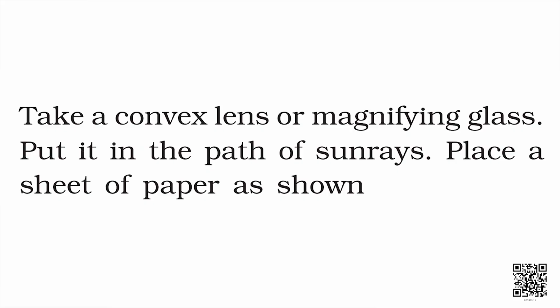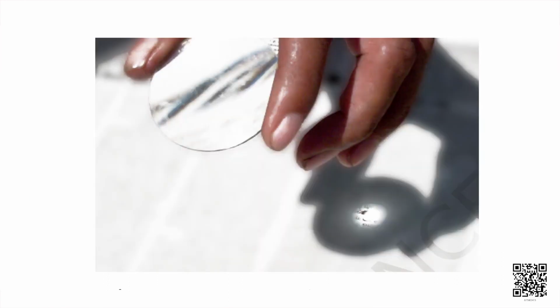Activity 15.9. For this we will take a convex lens or magnifying glass and we will put it in the path of sun rays. Then we will place a sheet of paper just like this image, and then we will adjust the distance between the lens and the paper till we get a bright spot on paper. Then we will hold the lens and the paper in this position for a few minutes.